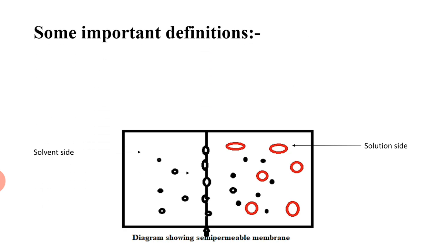So let us see some important definitions. First, osmosis. So what is osmosis? As we have seen in the diagram for the semi-permeable membrane, again see as shown in the diagram.